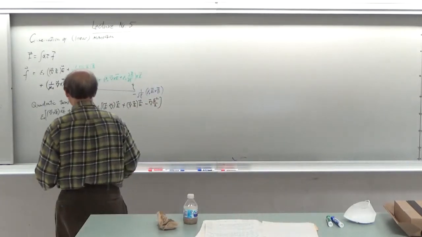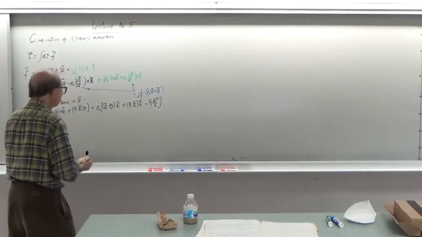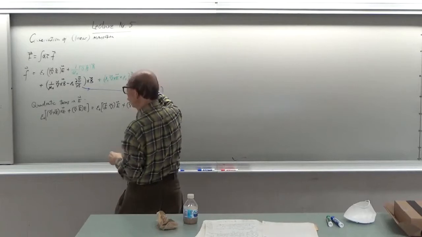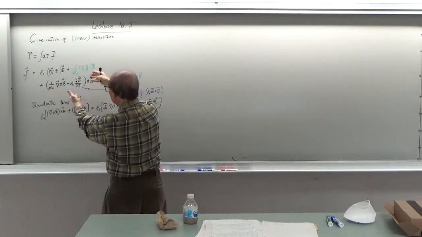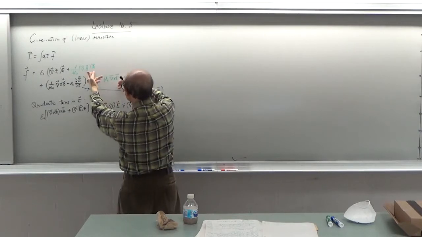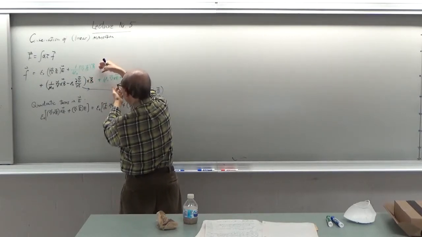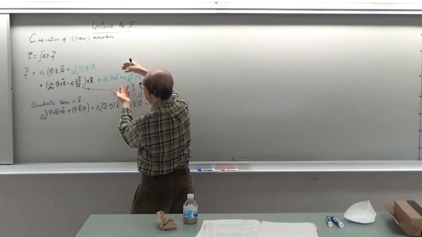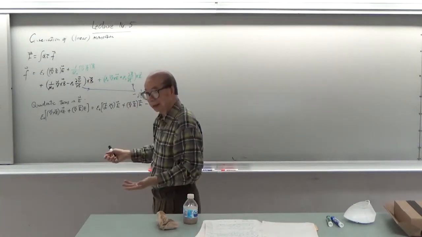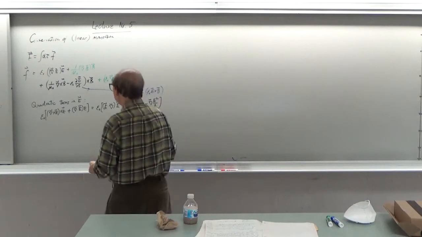Let me repeat one more time. I put those terms there, and then I put the sources to 0. But the magnetic sources are not there anymore, so there's nothing to set to 0.